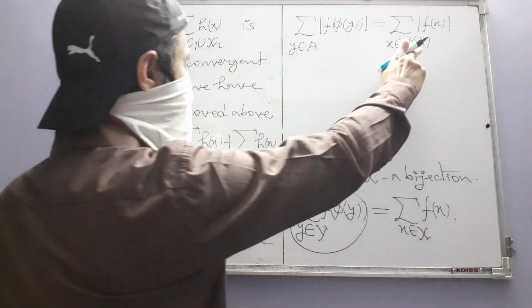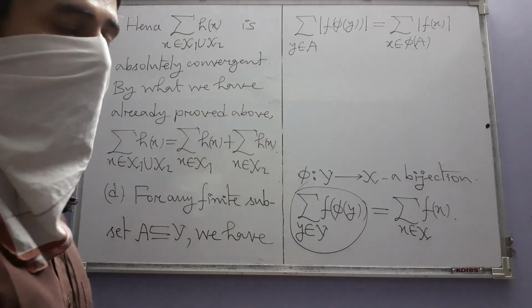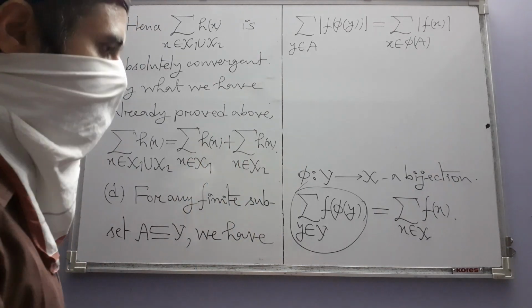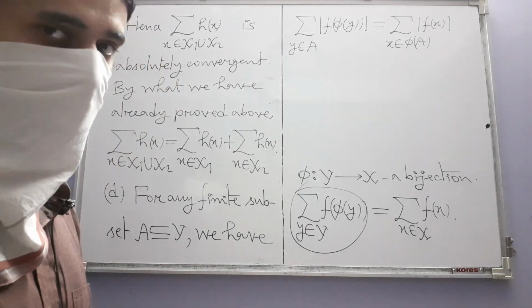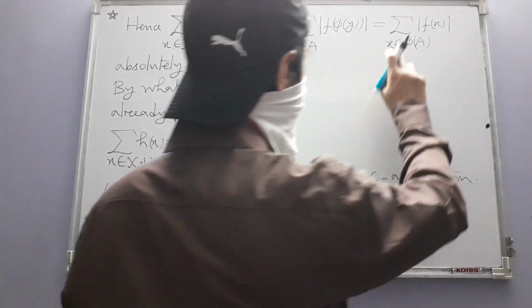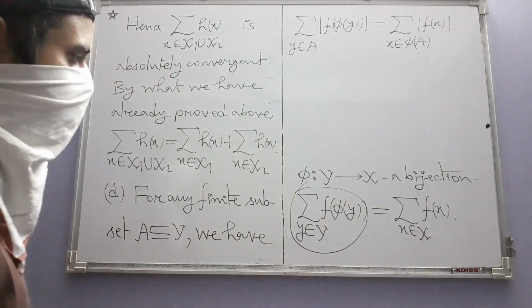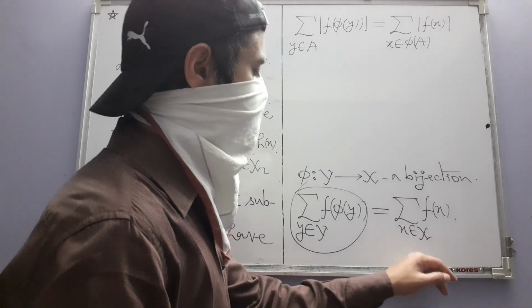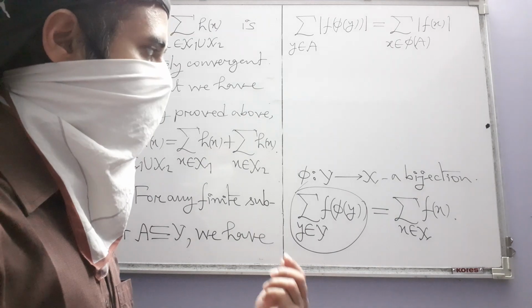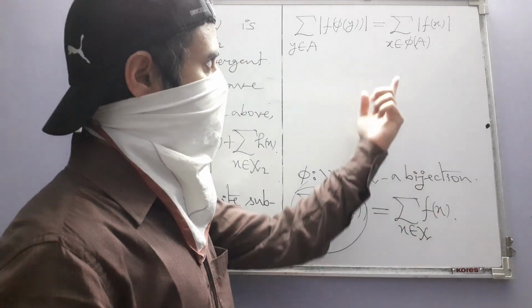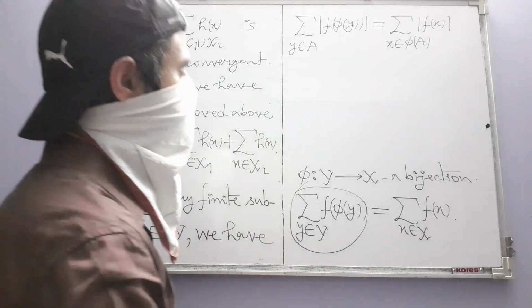How we are having this in place of this, that you will get from one of the properties of finite sums. And here luckily, however, I can refer to it because I have written the number. This, and it is given that this is absolutely convergent and phi of a is a finite subset of x. So this will be less than plus infinity.